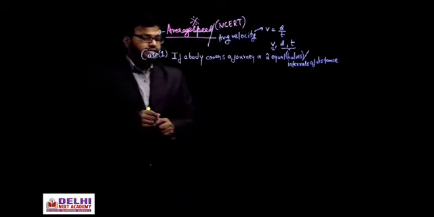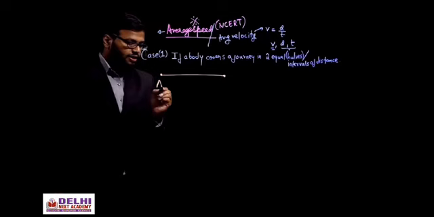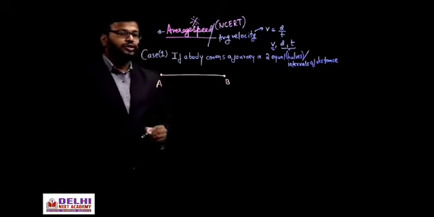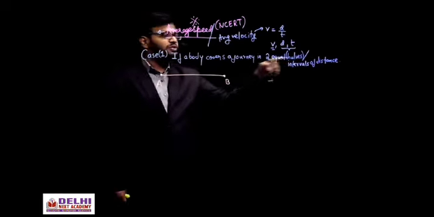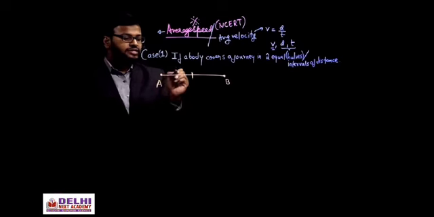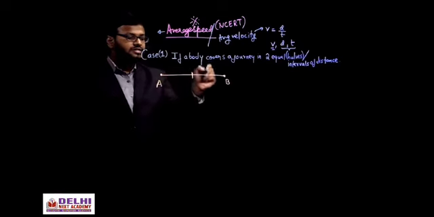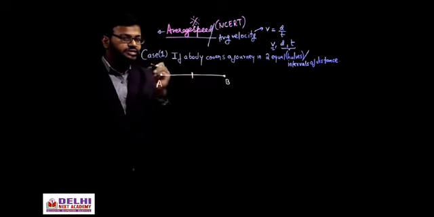Let us say a body is moving from point A to point B. It covers this journey in 2 equal intervals of distance, or 2 equal halves. If I take the distance as d, then each half will be d by 2. To avoid fractions, I'll take the complete distance as 2d.